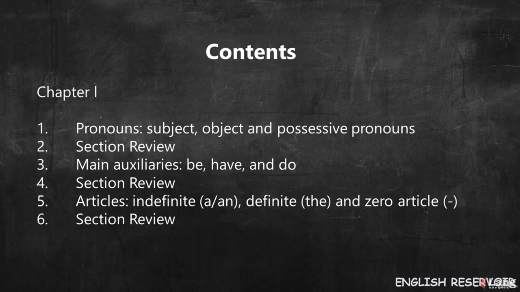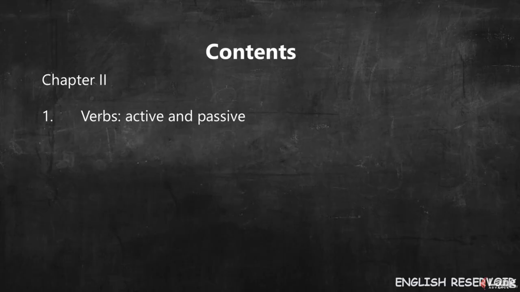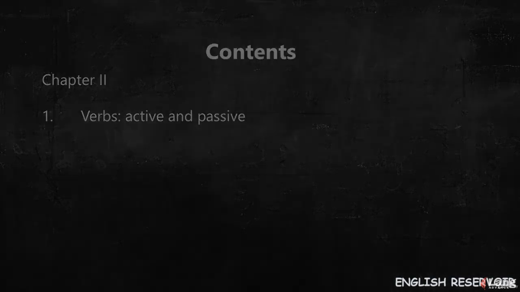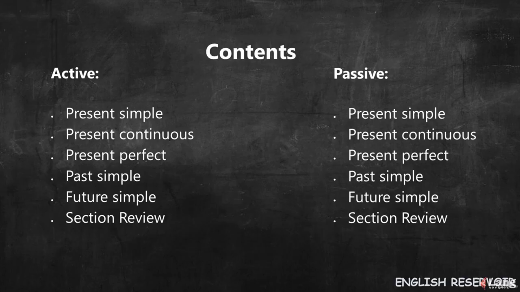6. Section review. Chapter 2. Verbs. Active and passive. Active. Present simple, present continuous, present perfect, past simple, future simple. Section review. Passive. Present simple, present continuous, present perfect, past simple, future simple.